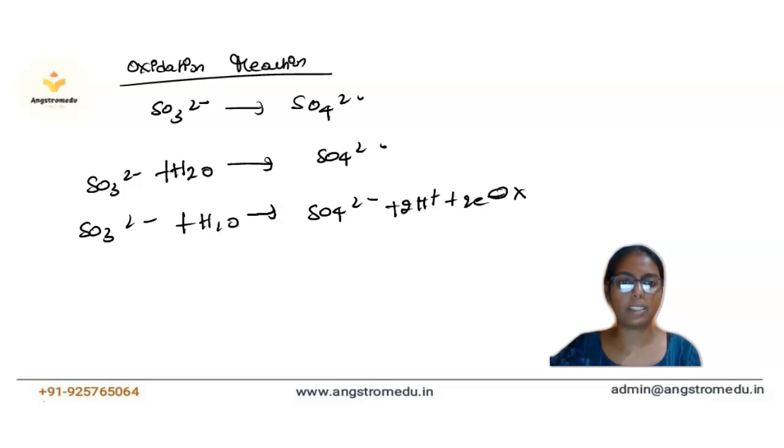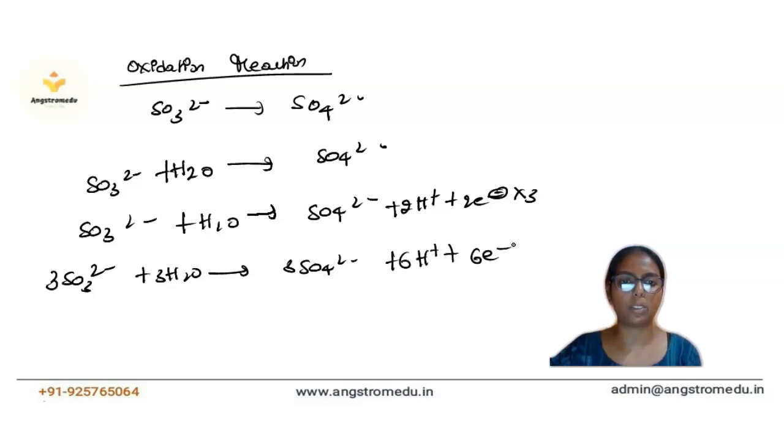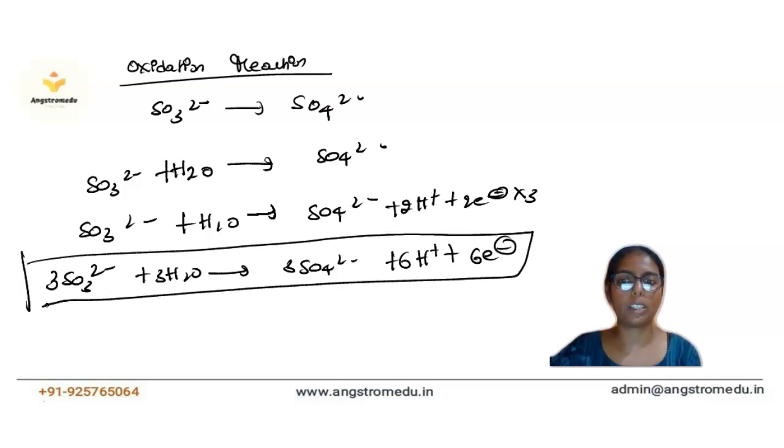So let's multiply this reaction by 3. At last we got 3 SO3 2- plus 3H2O, that gives rise to 3 SO4 2- plus 6 H+ plus 6 electrons. So if we add both the oxidation reaction and the reduction reaction, we get the final redox reaction.